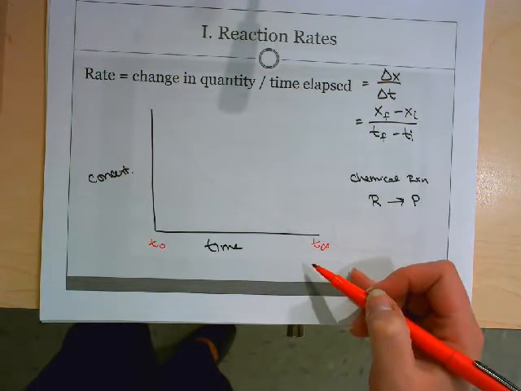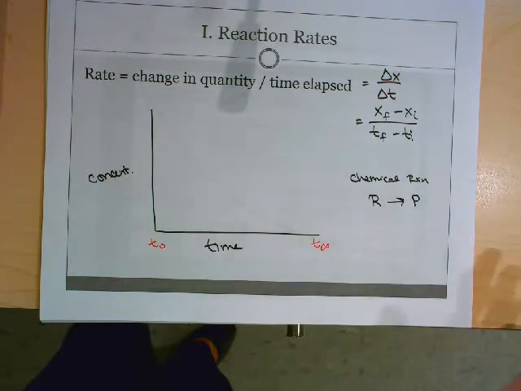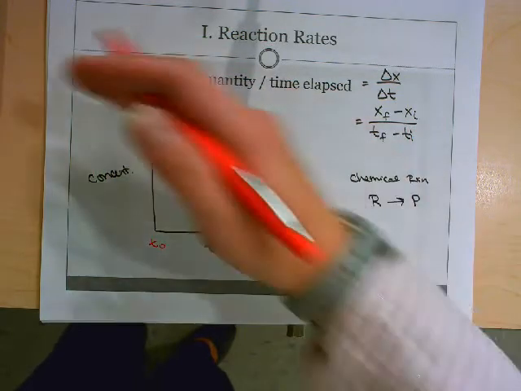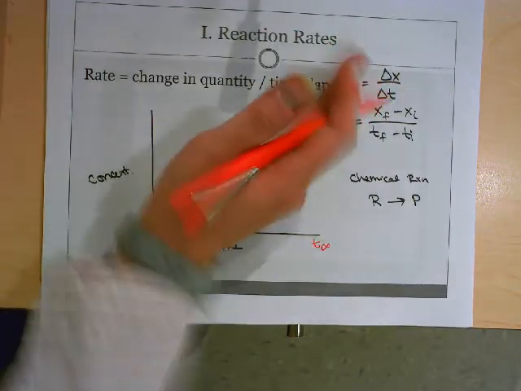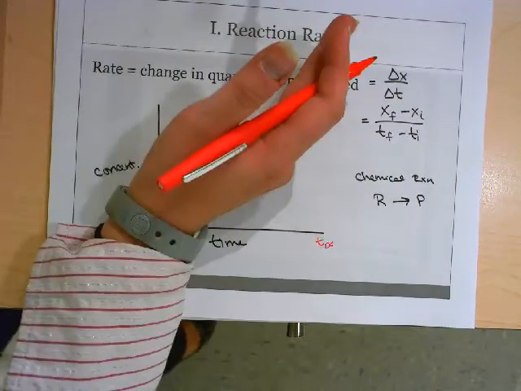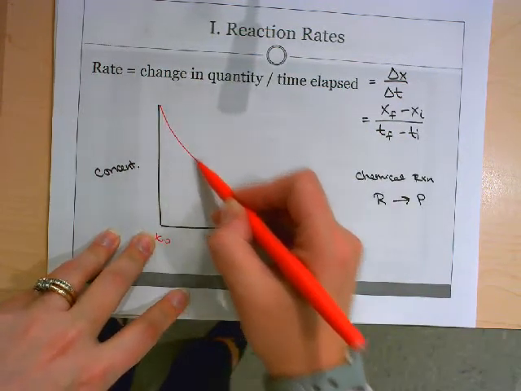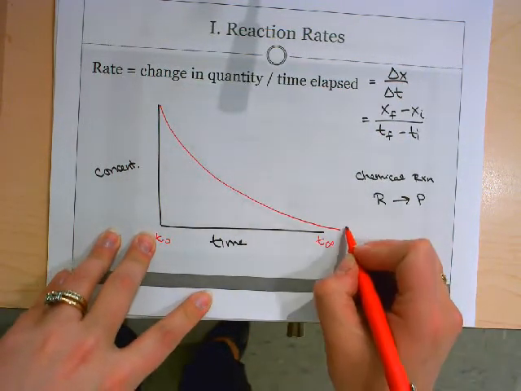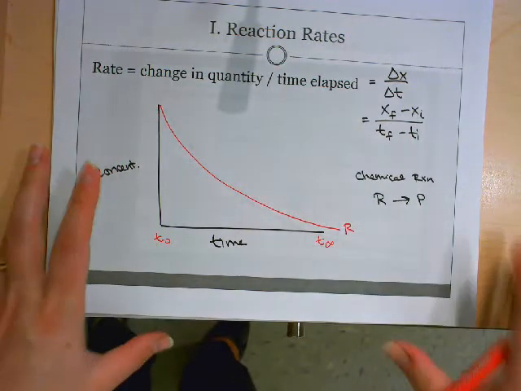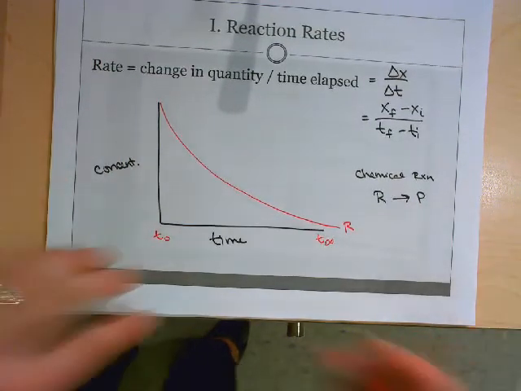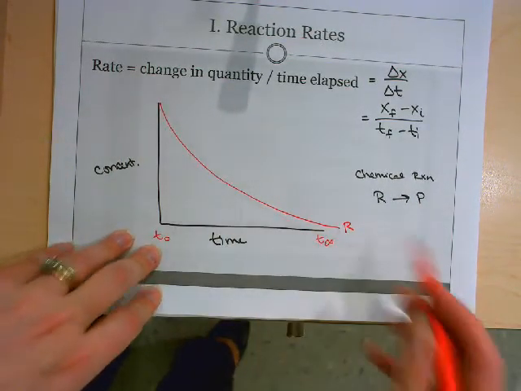None, right? If everything's going right, I should use it all up. Which direction should that curve go then? Down, right? And it's going to be kind of curvy, a little bit like this. So that's going to be my R, my reactant. So my reactant concentration is going to decrease over time.